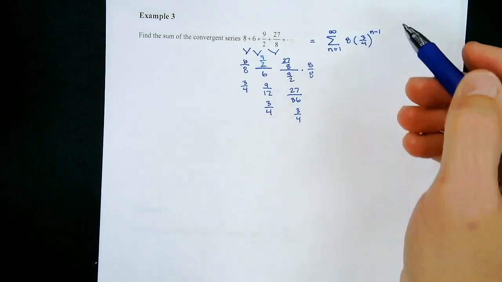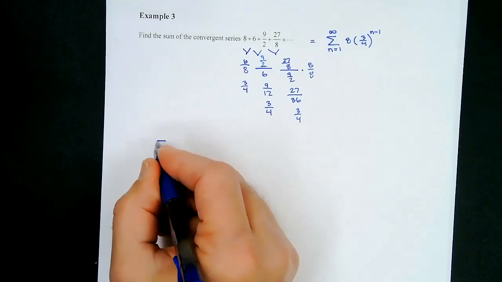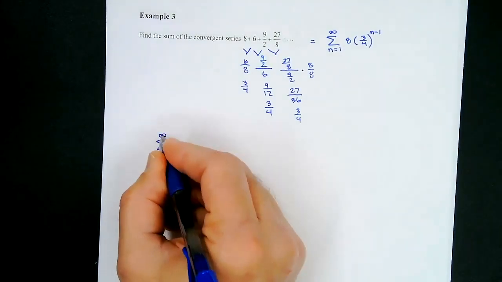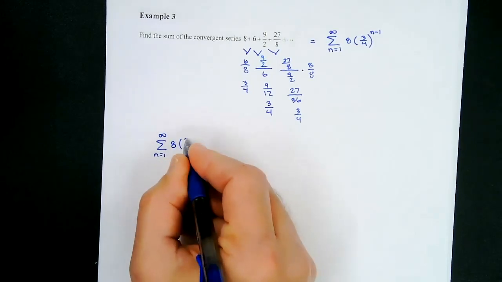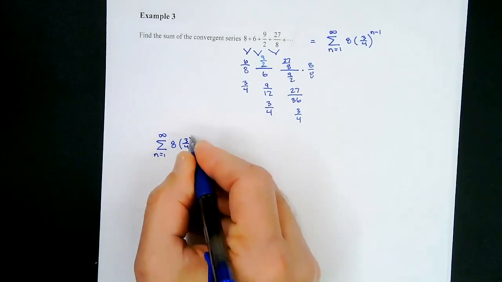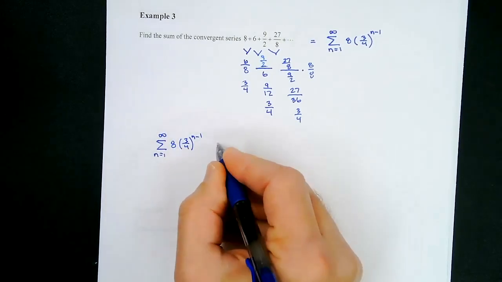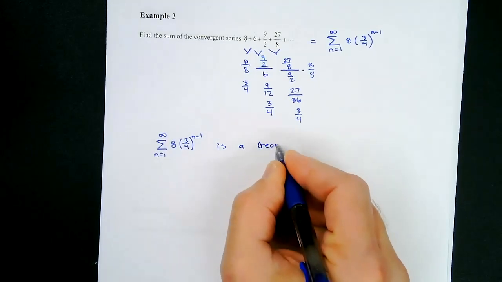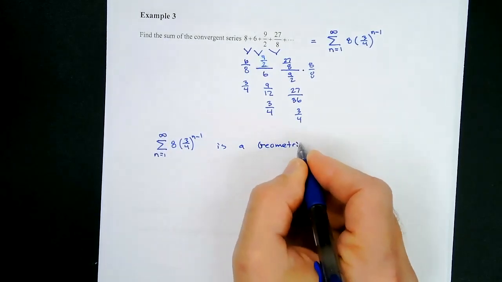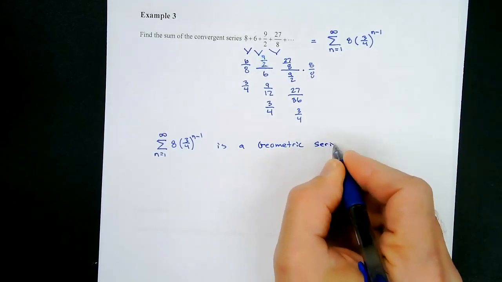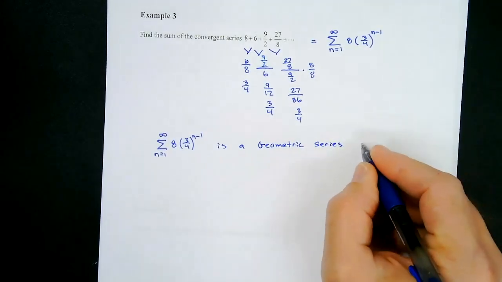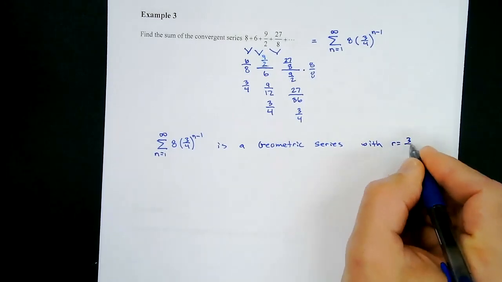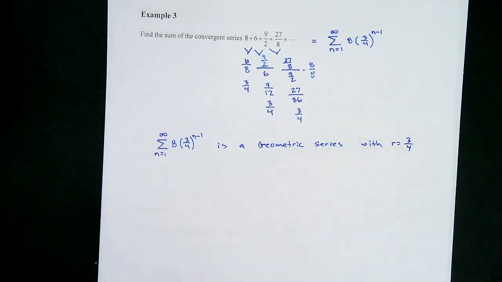All right. So what we know now is that this series, the sum from n equals 1 to infinity of 8 times 3/4 raised to the n minus 1, is a geometric series with r equal to 3/4. So we need to write this up when it's a geometric series.